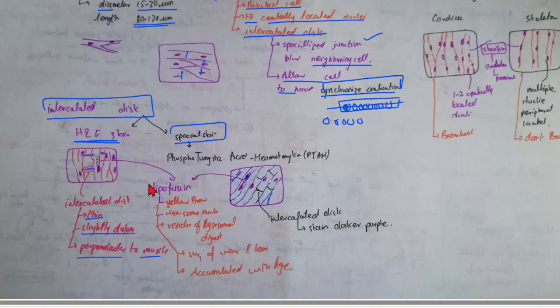Another feature is lipofuscin. It is yellow-brown, the residual of lysosome digestion, a sign of wear and tear that accumulates with age.